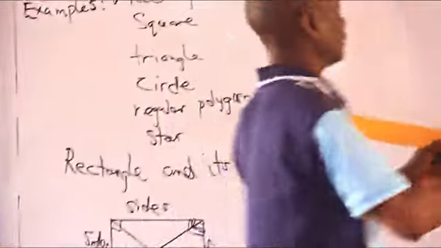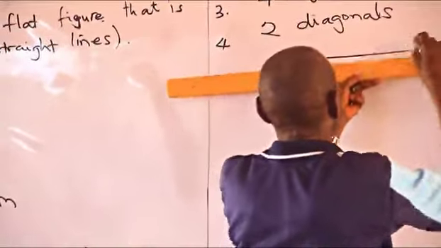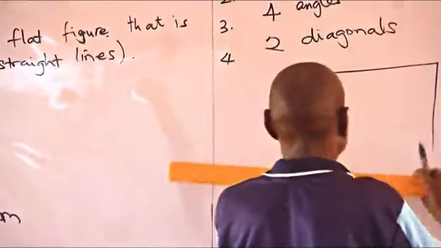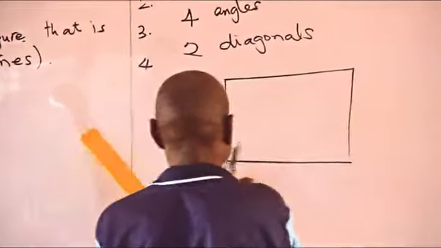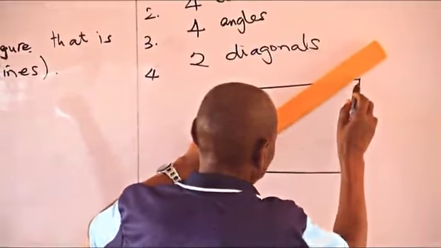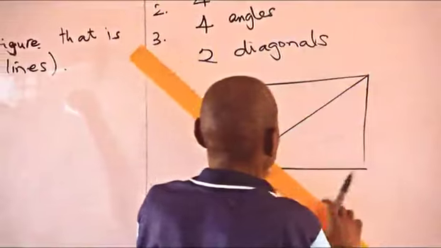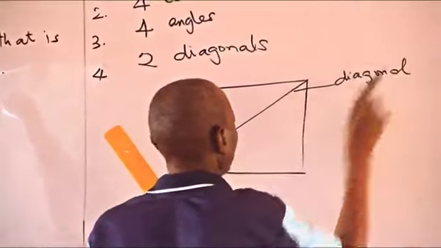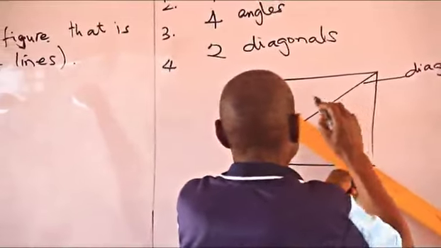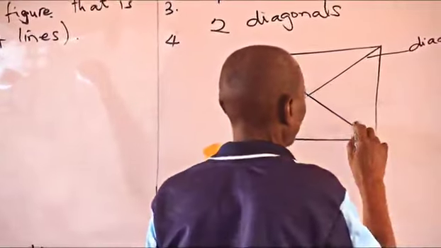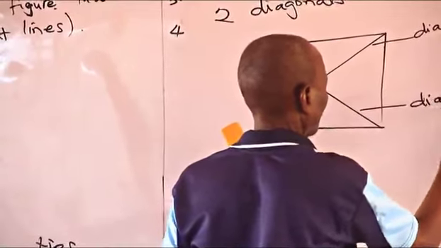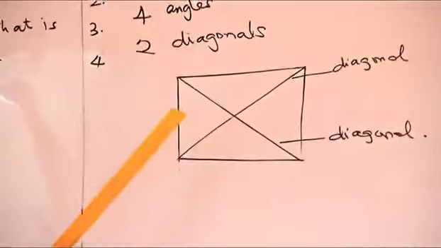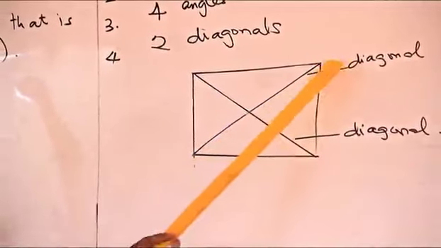Let me draw that one like this. So we see on the diagram that the diagonal is this line joining two corners.